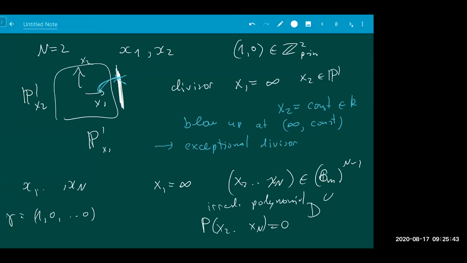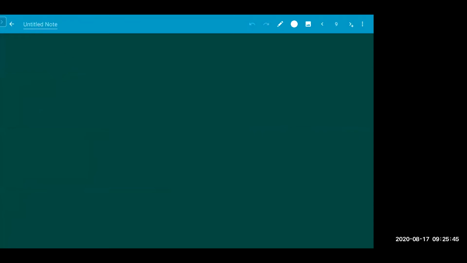But now one can make a blow up not once, but several times. It's already interesting in dimension 1. One can take some point like infinity, constant, make a blow up, make another divisor. The order of my form will be -1 and 0 because an exceptional divisor will have no zeros, no pole.